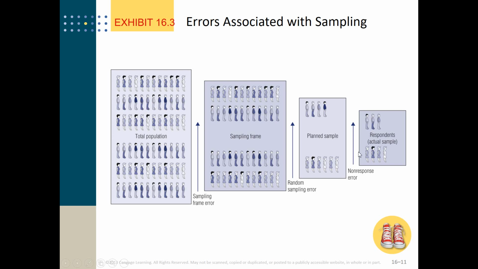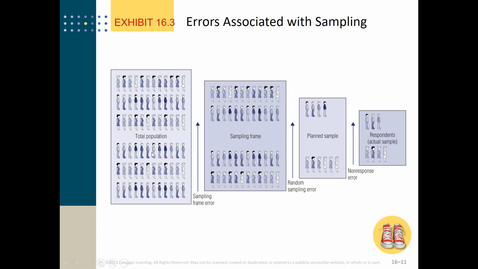So you encounter non-response error. Or when you collect your questionnaires, you may find that there are some inconsistencies, some omissions, so you have to reject some of the questionnaires. Your actual sample in that case will be less than what you planned.